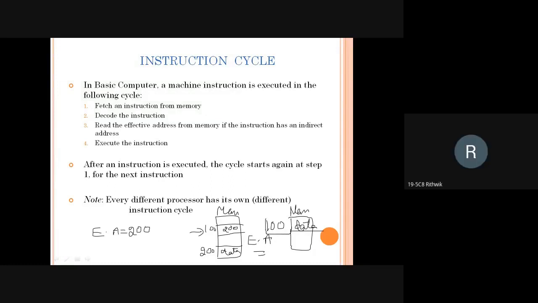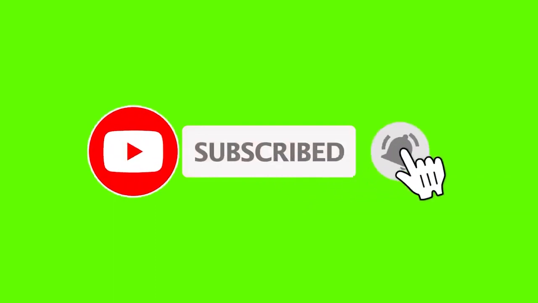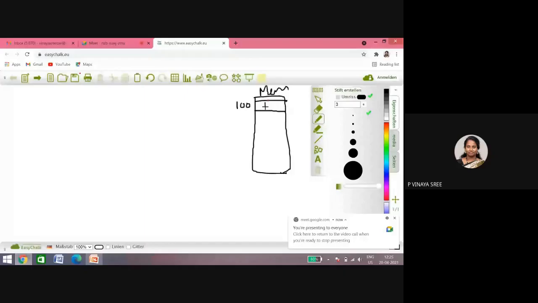Here it is 100. This is your memory, and at a particular address called 100 we have one instruction, load A, followed by 101, 102, 103.